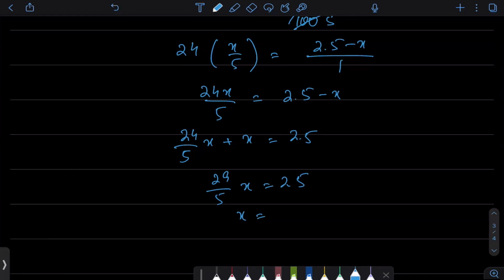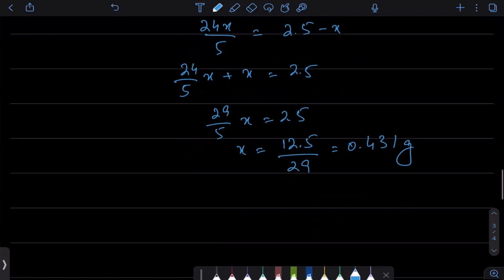X is 5 times 2.5, 12.5 over 29. I'll just put it in a calculator. Basically, what I try to do is that I want to keep the calculator use for the very end. मैं उससे पहले कोशिश करता हूँ कि सारा जितना मेंटली कर सकूं मैं करूं because I feel calculators slow us down. But of course, you do whatever you're comfortable with. So 0.431 grams of this have dissolved in water.